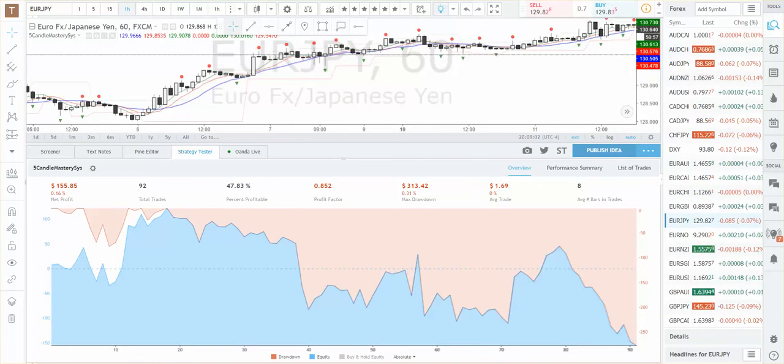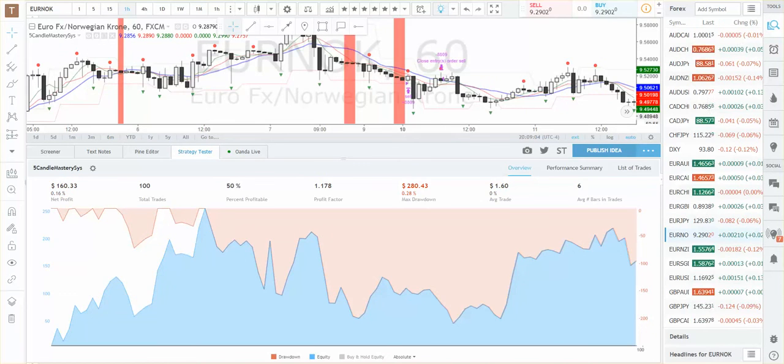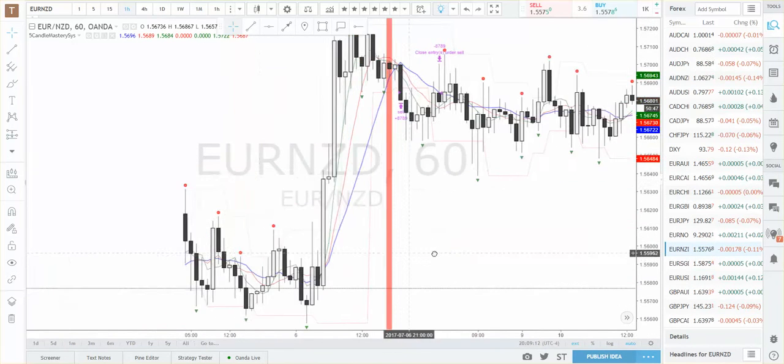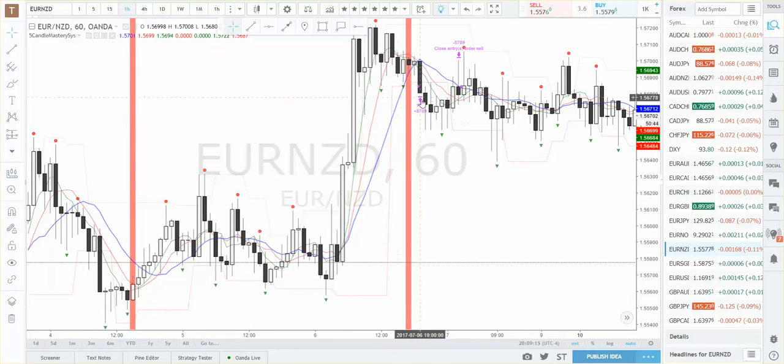So let me go through most of these pairs. All right, so let me see if I can find a short example. So this is a short entry that got stopped out. So we have a fractal low here. It waited 5 bars.